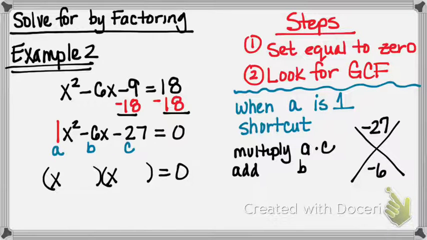So don't say it out loud, because this is the hardest part of factoring, is finding these 2 numbers. But I want you to think about it and see if you can figure out the 2 numbers, and there's only 2 numbers that'll work. They have to multiply to be -27 and add to -6. So I'll give you a second to think about it.